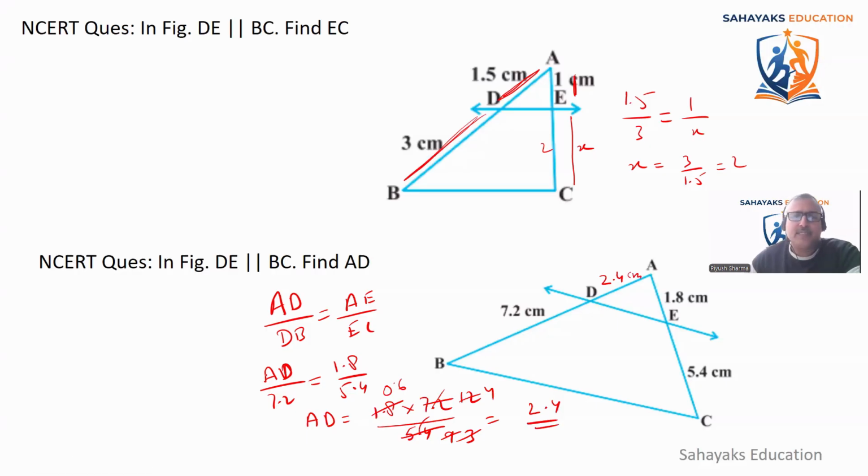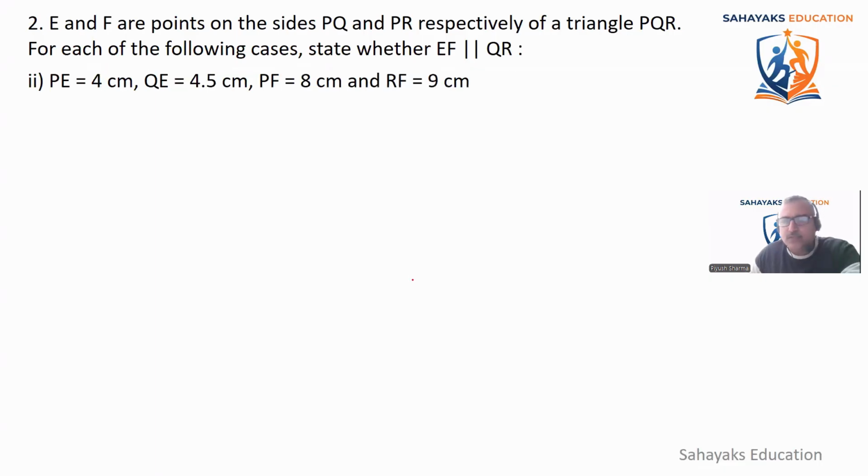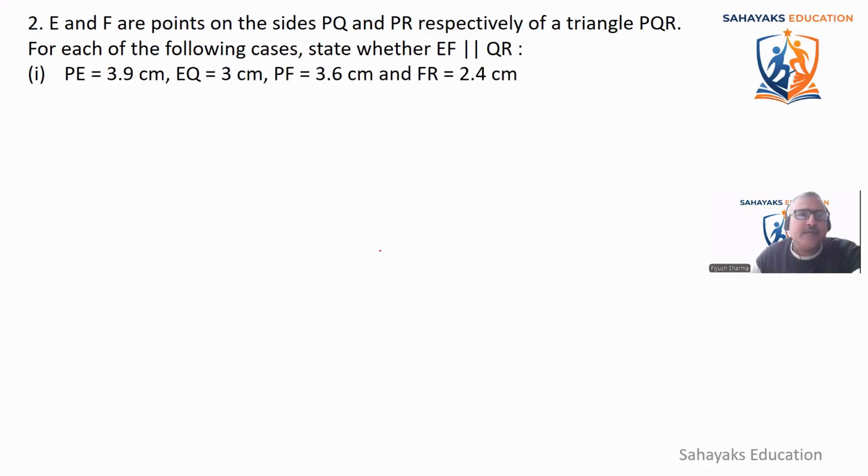Okay, coming to the next question. What does this question say? E and F are the points on the sides PQ and PR respectively of the triangle PQR. Let me just check whether there's a figure which is given. No, there's no figure, so I have to draw the figure.